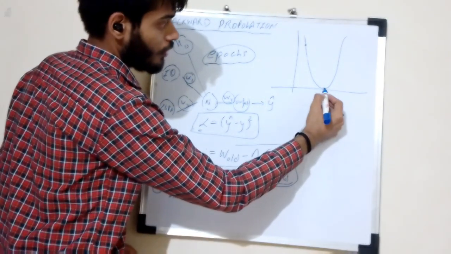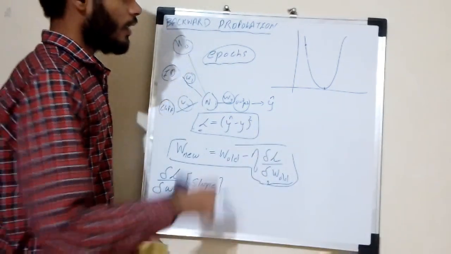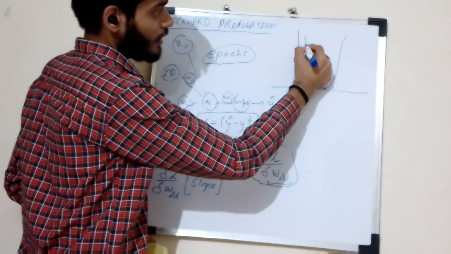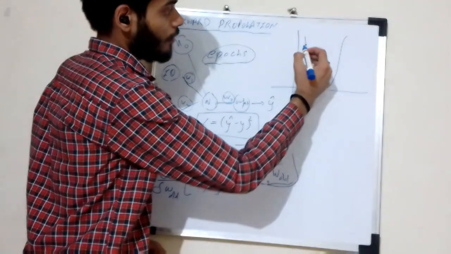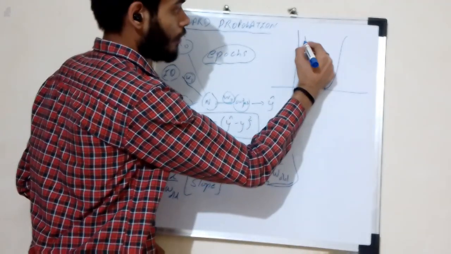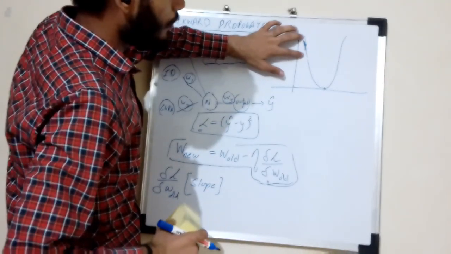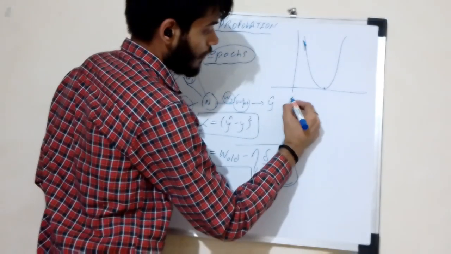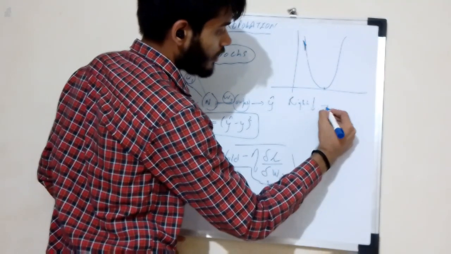So I want to come to this point. How can we find the slope at this particular point? You can simply draw a straight line over here. If the right side of the line is pointing downwards, that means the slope is negative.